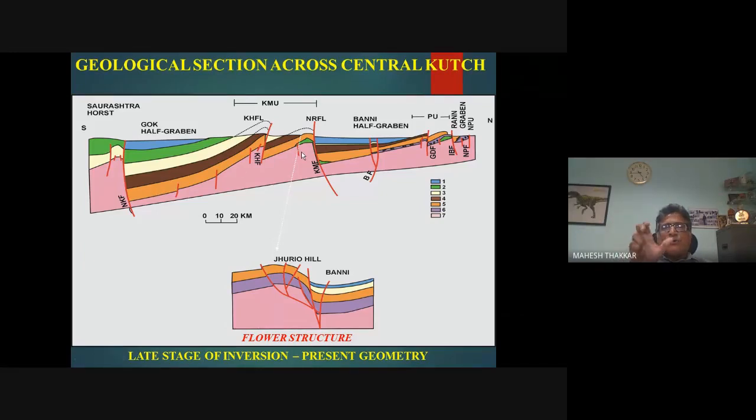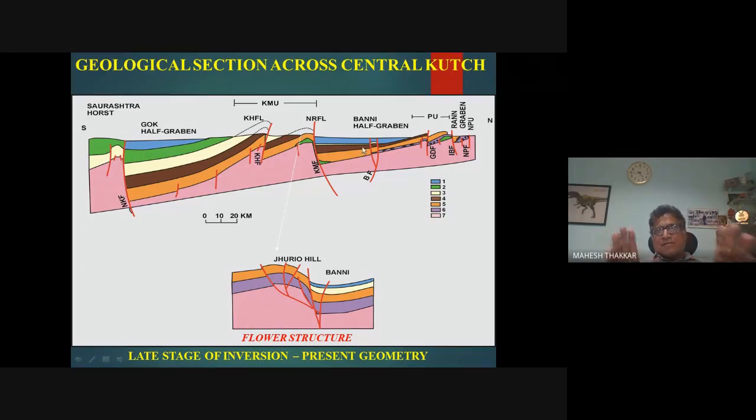I have shown you in a small cartoon of the three-dimensional image. So this half graben is continued to the Gulf of Kutch, so we say this half graben is called the Gulf of Kutch half graben.